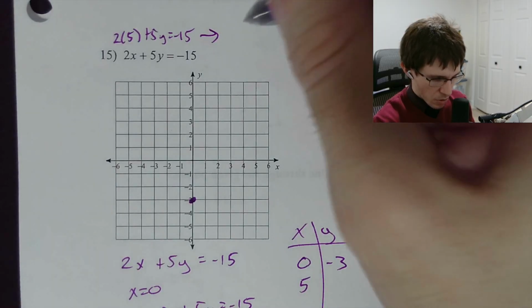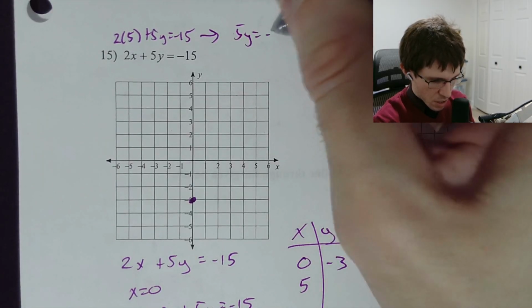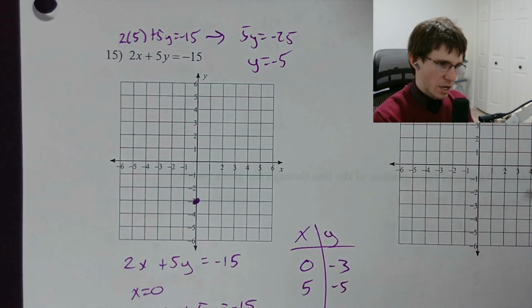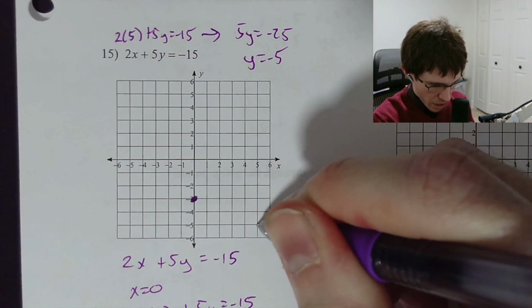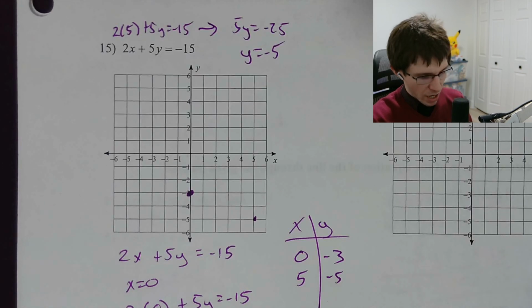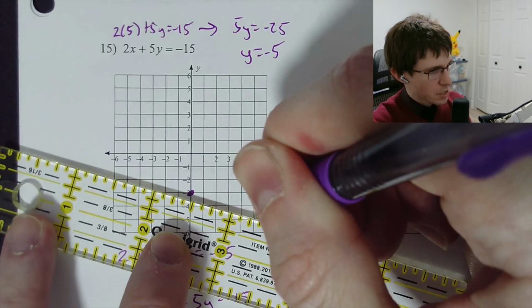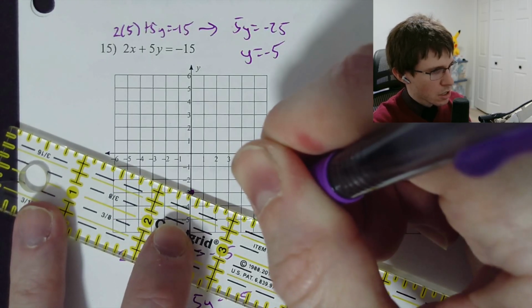Subtracting 10 on both sides, we get 5y is equal to negative 25, or y is equal to negative 5. So we have 5 comma negative 5. 5 comma negative 5 is this dot over here. We have our 2 dots. Play connect the dots, and you are done with this particular question here.